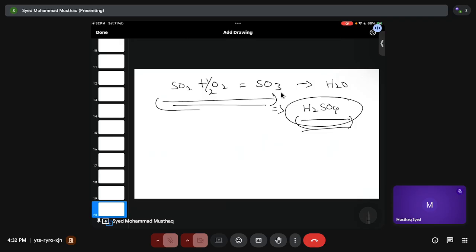Now let's move on to the problem solving part. See, in sedimentation, what do we use? Sedimentation mostly depends upon gravity.